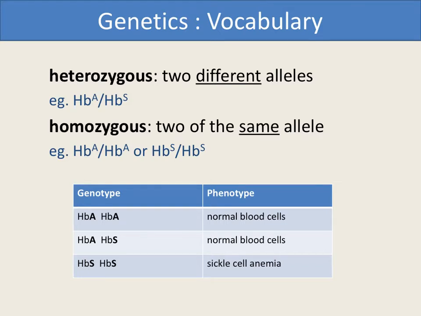If you have HbS, it means you have sickle cell. That means your fitness is pretty worthless. But if you're HbAS, you have somewhat normal blood cells, but you're resistant to the malaria parasite.